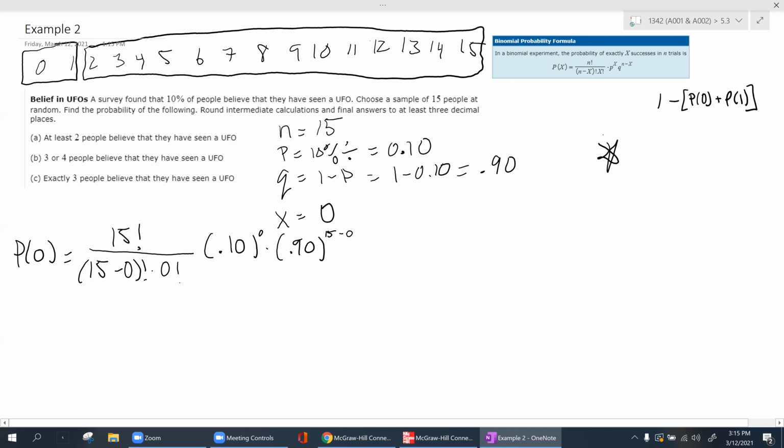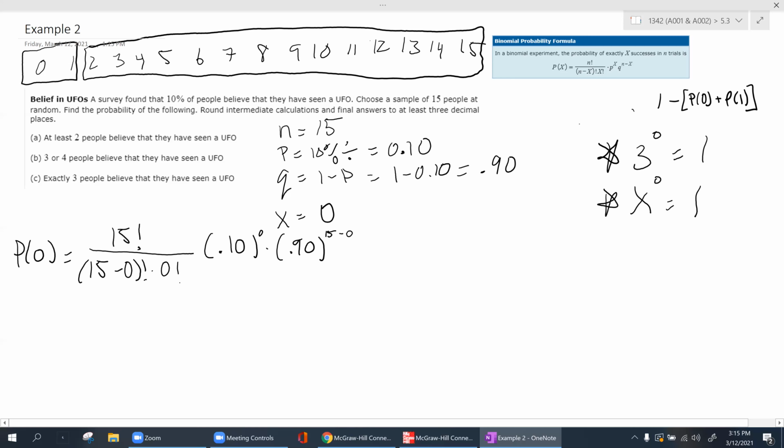And one thing I want to mention here is any number raised to the 0 is 1. Even if you had a variable, x to the 0, this would always be 1.